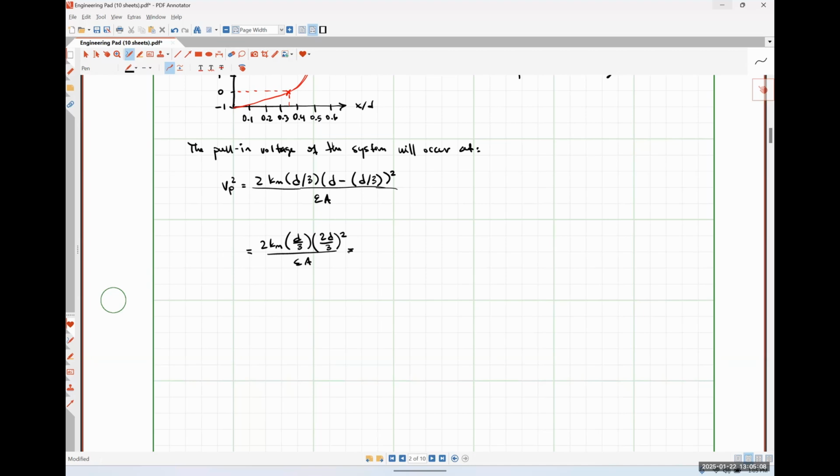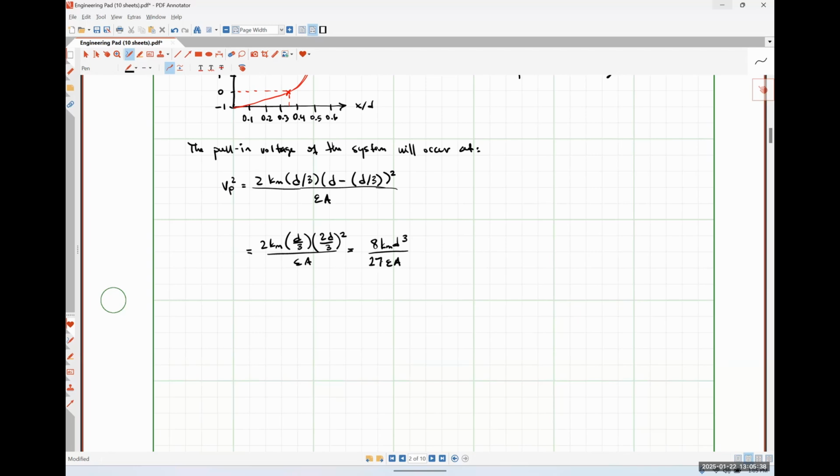So that's going to look like 4d cubed, but then I also have that 2 on the outside. So I'm going to have 8. And then over here, I'm going to have d cubed. I've also got a Km in my numerator. And then in my denominator, I've got an epsilon A. I've got a 1/3 times 1/3 times 1/3 is going to look like 1/27. So that's going to put a 27 here.